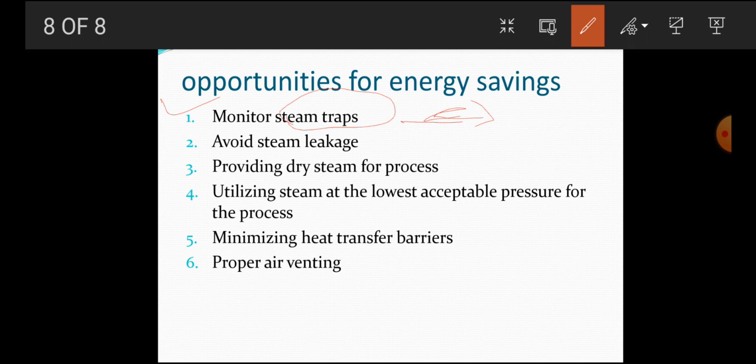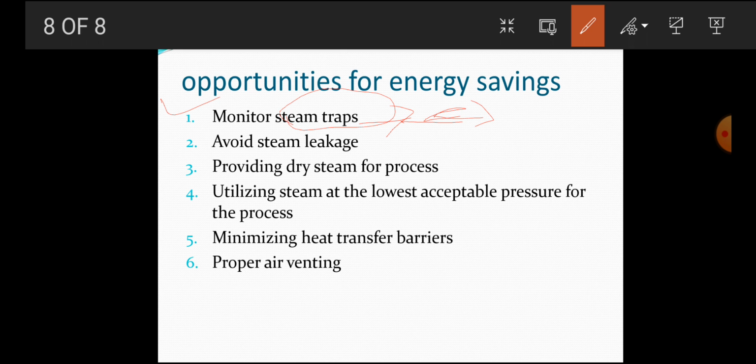If inverted bucket traps are used for extremely small load, they will have a continuous condensate discharge. So if the load is very small, then continuous discharge is required. Depending on load, we can fix the discharge of the condensate for different traps.